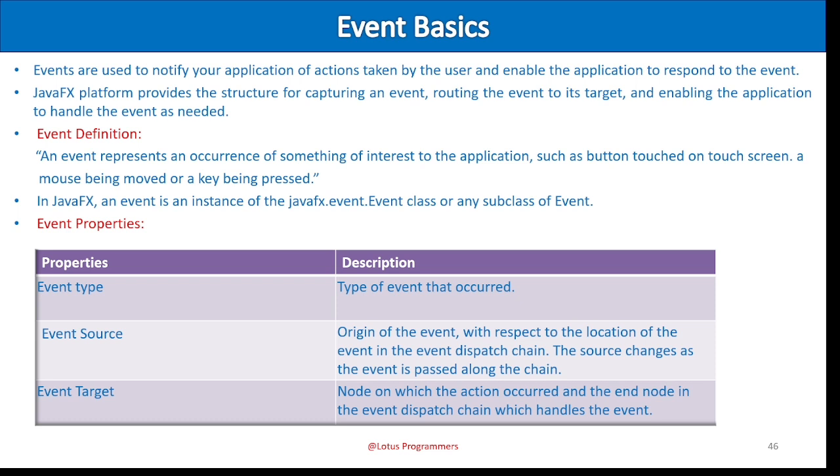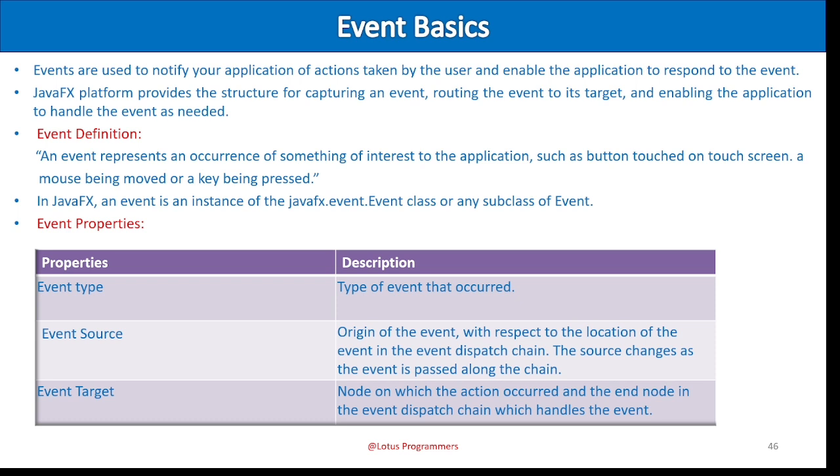Now we have to understand what is event source, what is event target, and what is event type. Event type is the type of event that has occurred. Next, event source is the object on which the event occurred, the object which is the origin of occurrence of the event.